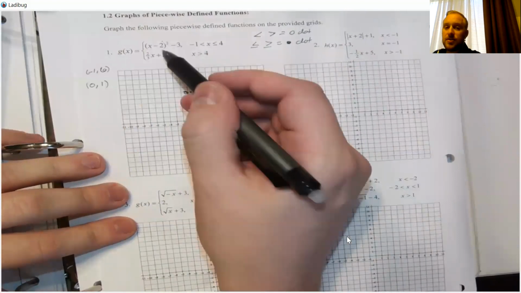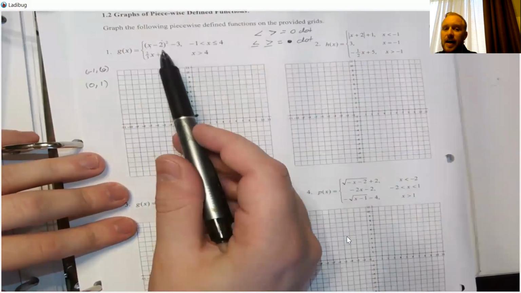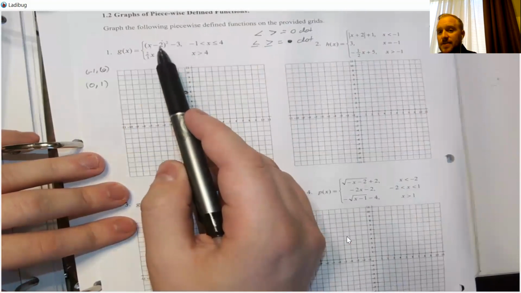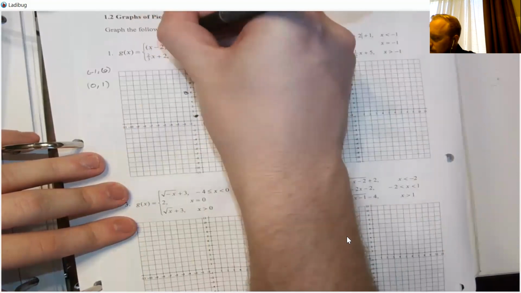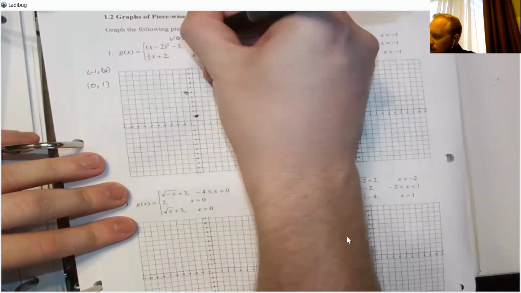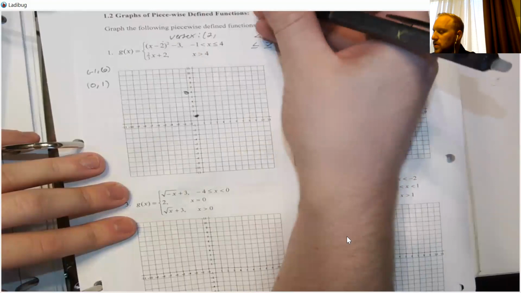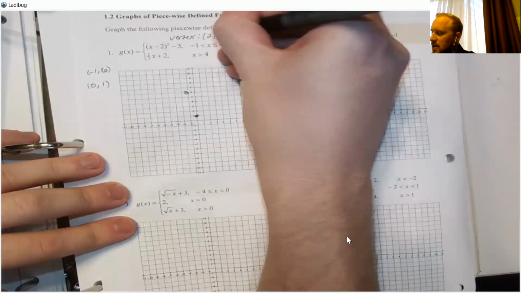Now, another thing to consider is because this is a quadratic, it has a vertex. So this vertex is opposite x, but keep y the same. So if this is -2, the x value of the vertex is +2, and you're going to keep y the same.